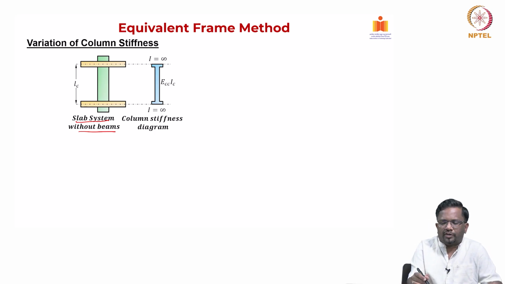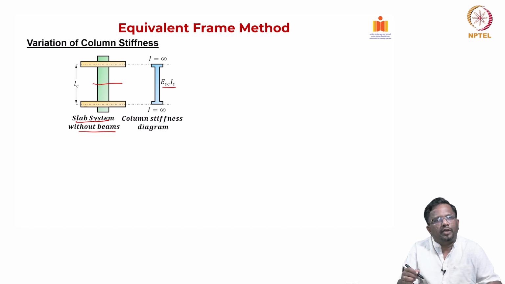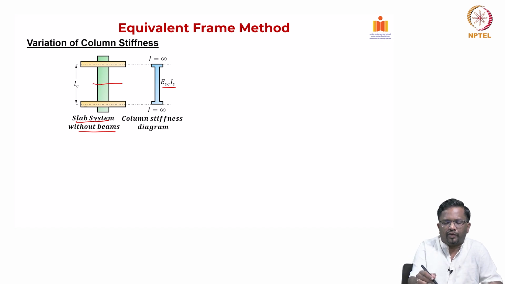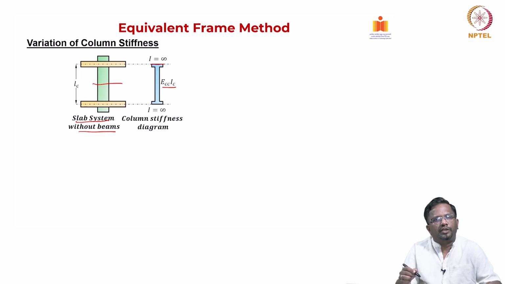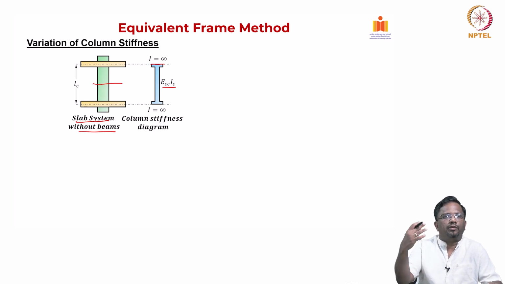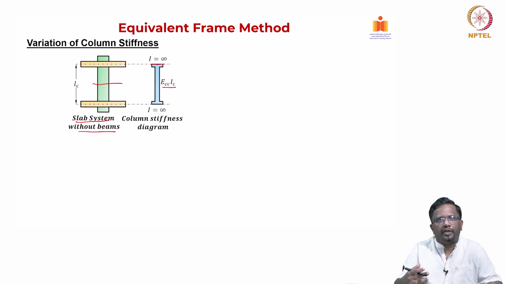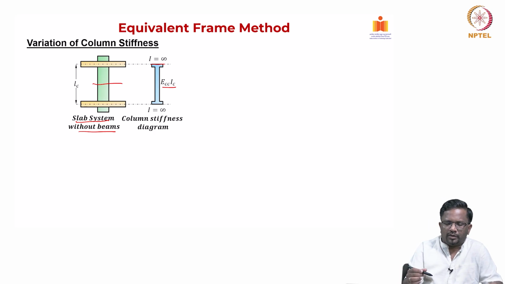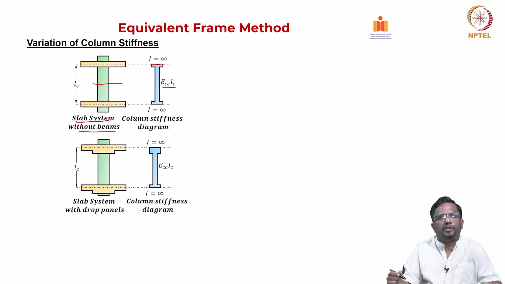Even for a flat plate structure, the column at this section will have EI flexural stiffness, but if I go to this region where it is also having slab, then your moment of inertia will become high because your breadth is going to be very high, right. So that is the section, because I have to take a larger width in my calculations. This is the column stiffness variation.